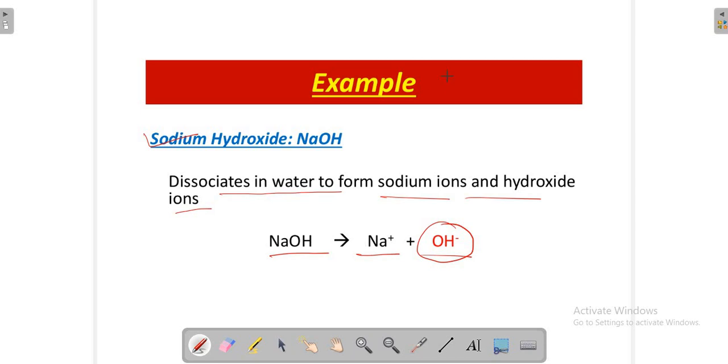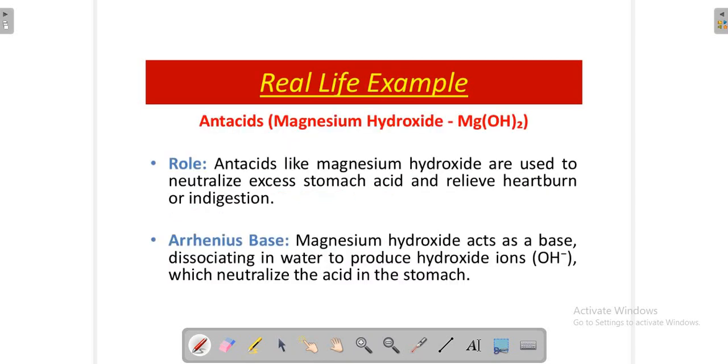Now see some real life example of this Arrhenius base. Magnesium hydroxide. Magnesium hydroxide is an antacid which is used in the treatment of flatulence, heartburn and indigestion. Magnesium hydroxide acts as a base. Why does it act as a base? Because in the stomach, this base dissociates to provide the hydroxyl ion.